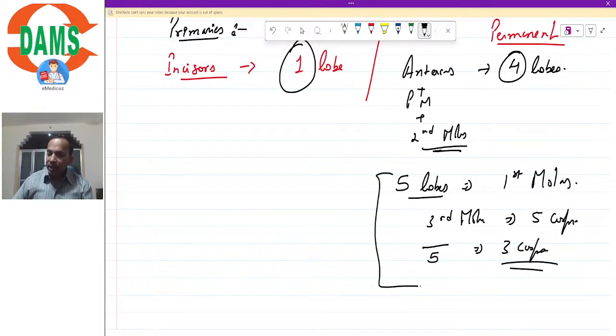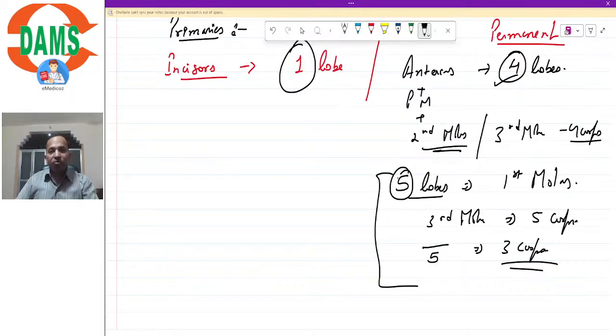So these are the teeth which are made up of 5 lobes. Also we can say the third molars, with 4 cusps or 3 cusps, are derived from 4 lobes, right? So in case of permanent, minimum 4 lobes are needed to form a tooth, and the maximum is 5 lobes. In case of primary, the minimum number is 1 lobe.